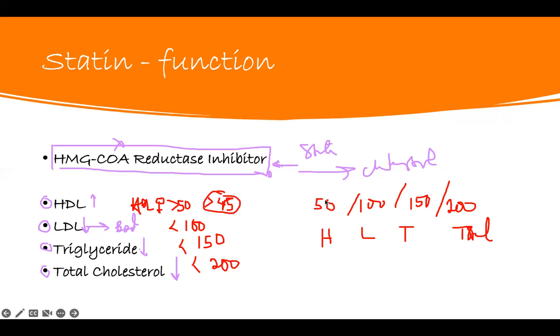So HDL greater than 50, LDL less than 100, triglyceride less than 150, and total cholesterol less than 200. These are the numbers you have to know: 50, 100, 150, and 200. You have 50 increments, and you start with the alphabet, H, L, T, and then T.